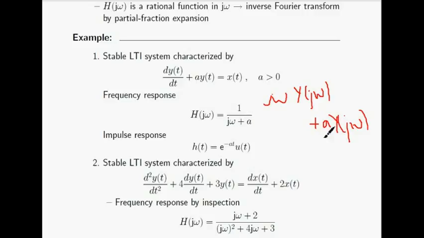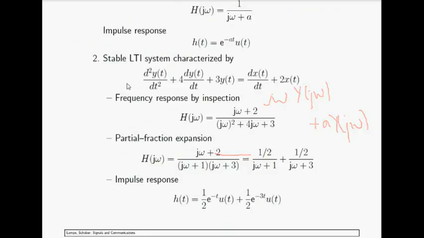So Y of j omega upon X of j omega will be 1 upon a plus j omega. Its impulse response, by taking the inverse Fourier transform of the frequency response, will be e to the power minus a t u(t).